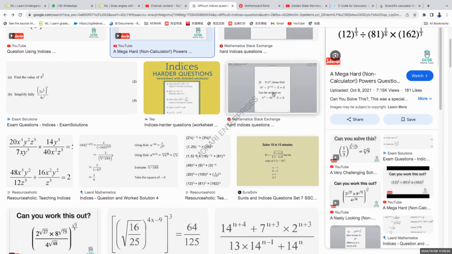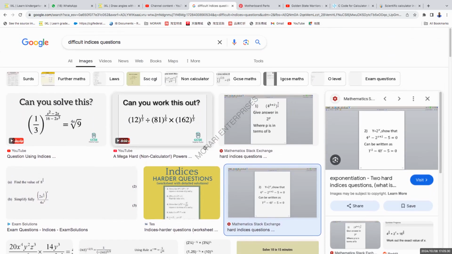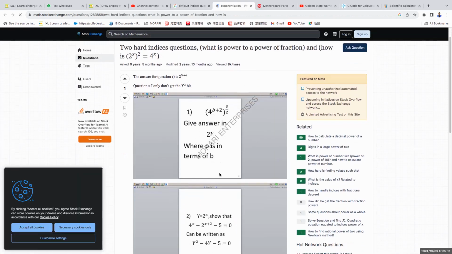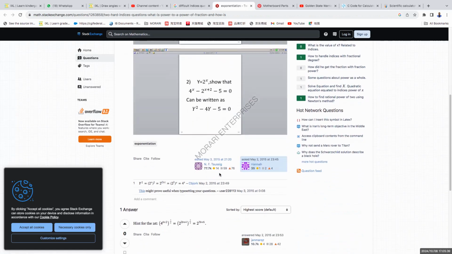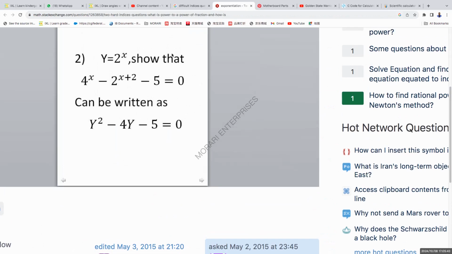Now look at this other problem. Even though Aquila has not done quadratic equation, sometimes from this you can get some questions that look like quadratic equation, but you can still solve them even if it's not quadratic equation. It says 4 to the power x minus 2 to the power x plus 2 minus 5 equals 0.